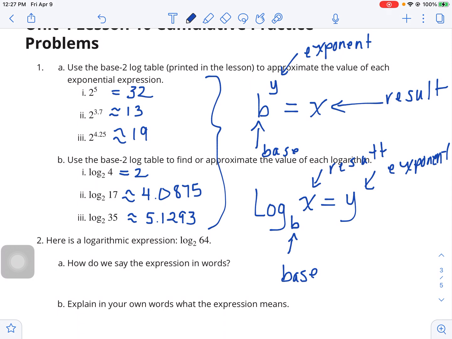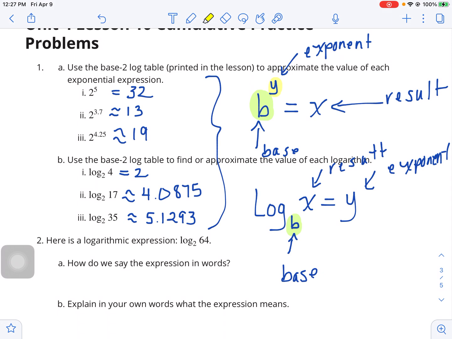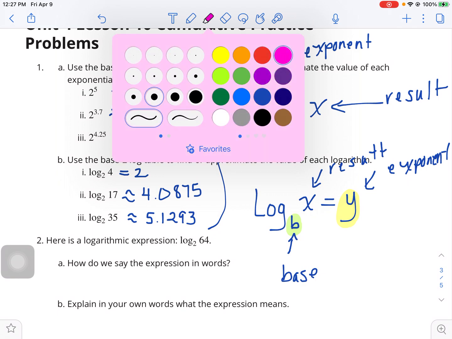So there's an explanation of the two. You might want to color code these. So in the exponential form, it's b to the y. That's the exponent. And then our result is x.